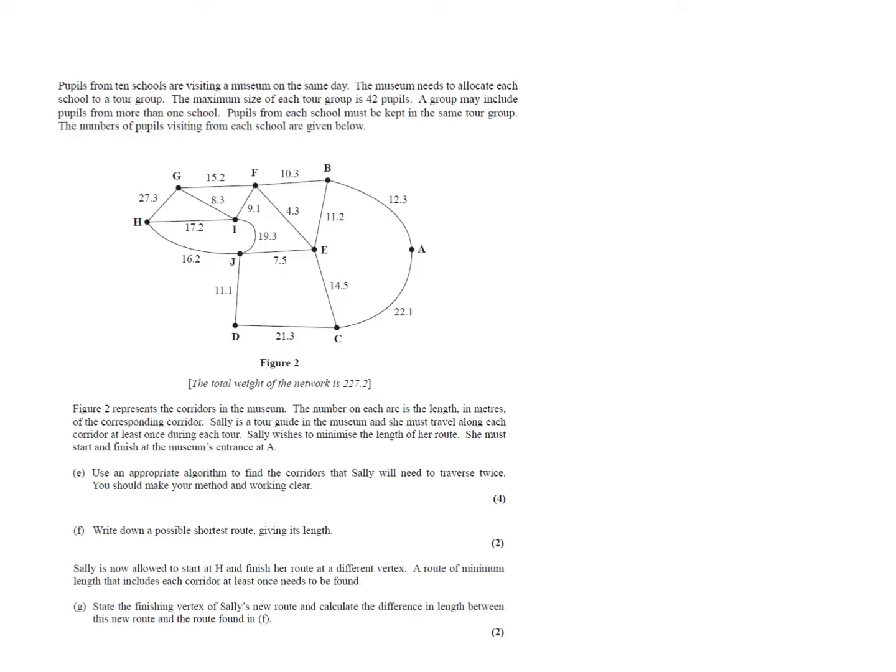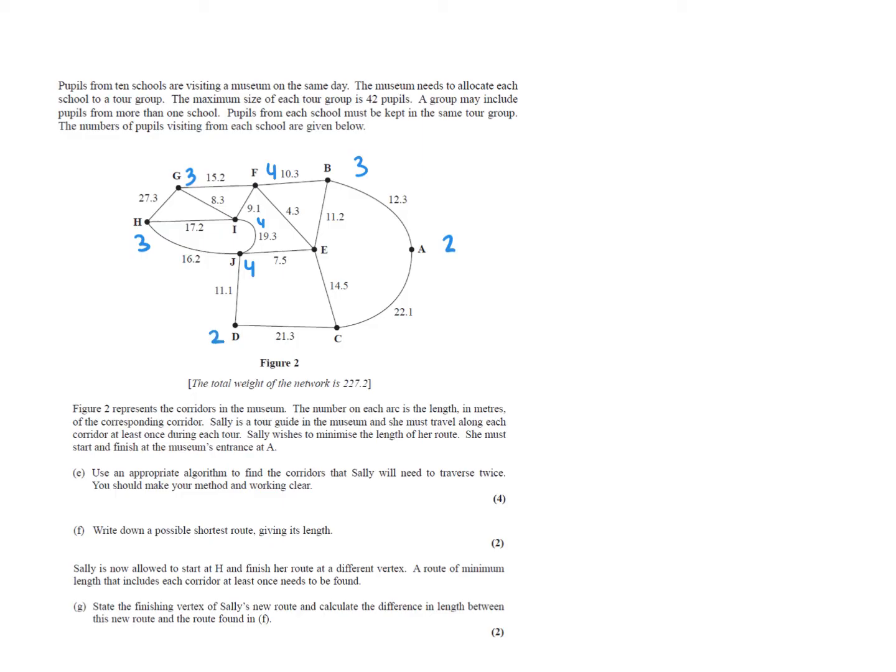And it says that Sally wants to minimise the length of her route. She must start and finish at A. If we're starting and finishing at A, we're doing route inspection. I say route, you say odd, even. Brilliant. So we're going to start writing down all the odd nodes.